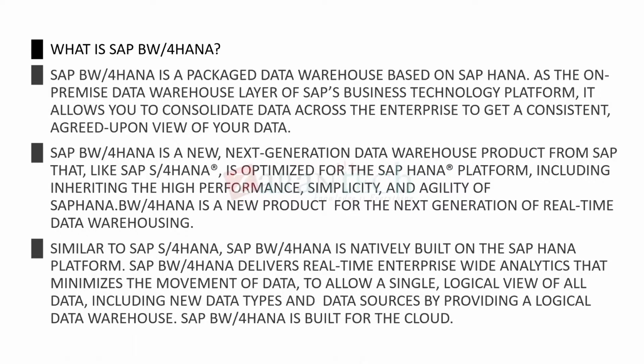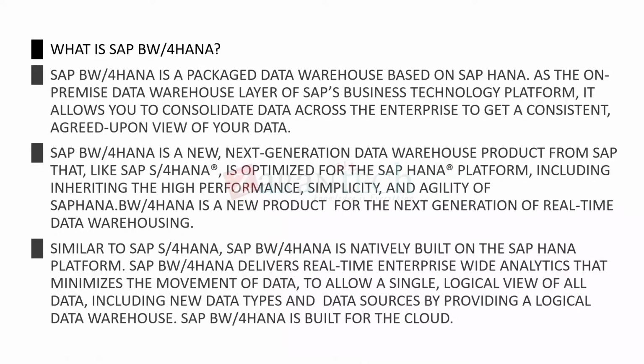And after BW7, which in those days was known as BI7, SAP introduced HANA, so BW was on HANA, and then BW for HANA is the next level. SAP wanted to maintain consistency across its tools in the naming convention, hence they called it BW for HANA.